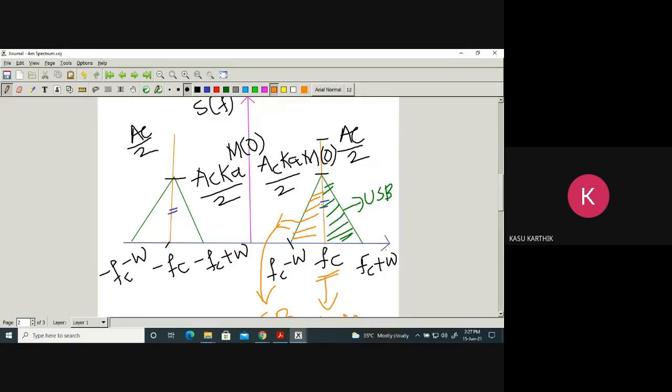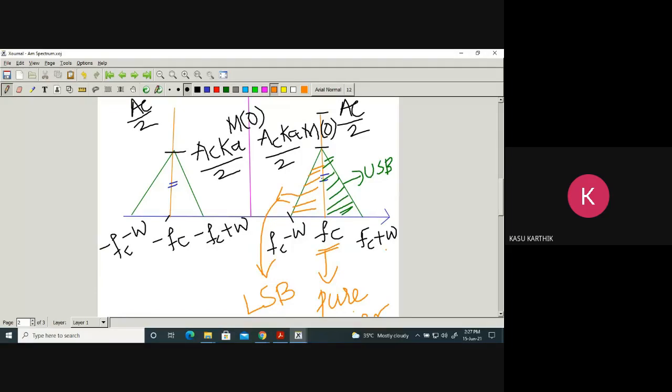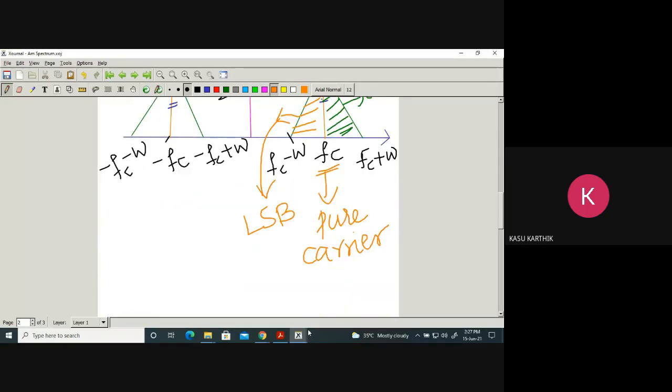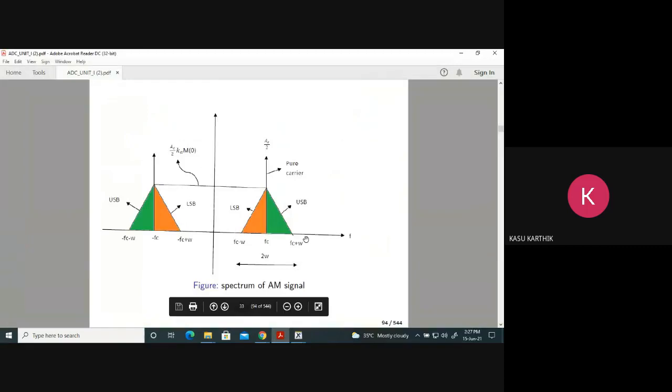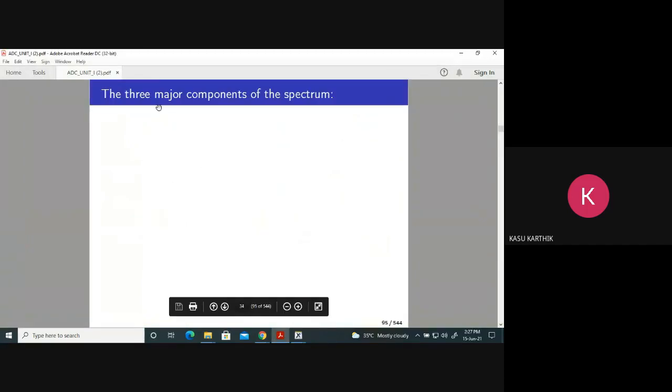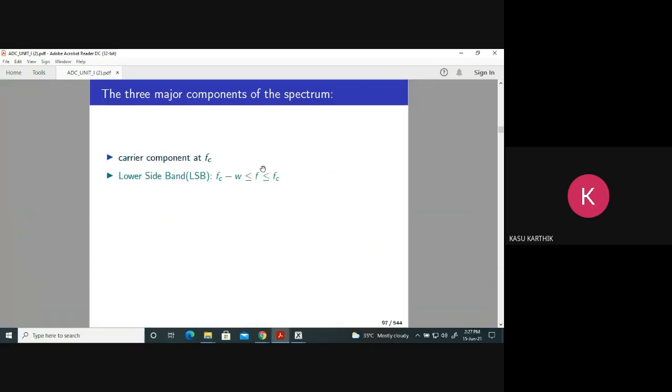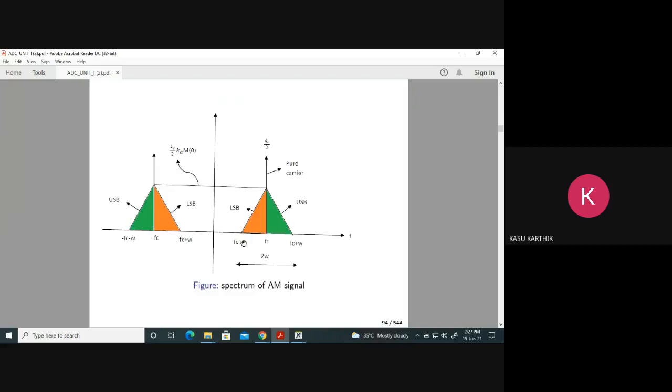Now, what is the transmission bandwidth? Let us take the three major components. The carrier component is at fc. The lower sideband is from where to where? fc minus omega to fc. The upper sideband is from where to where? fc to fc plus omega.